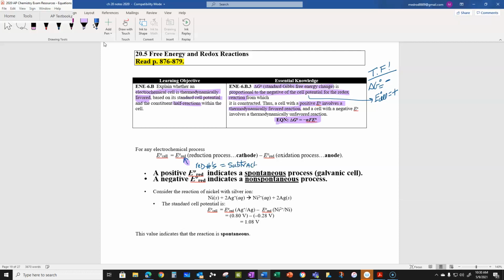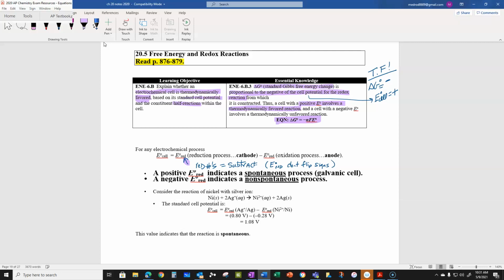Okay? As I told you, Fairbrother has his own way, and if it makes sense to you that way, great, do it. Okay? I'm just not a fan of that way because it confuses students. So when you do this equation, the cathode minus anode, those E reduction values, don't flip any signs.